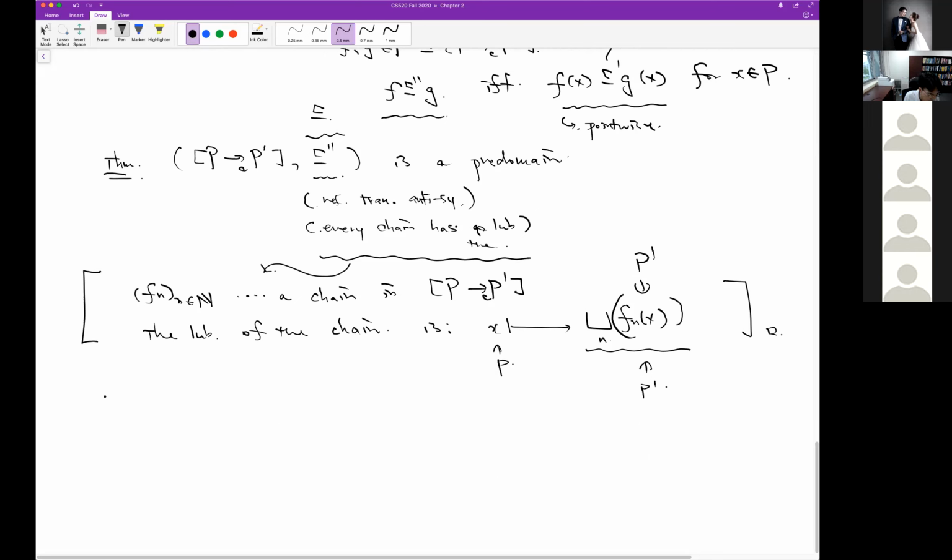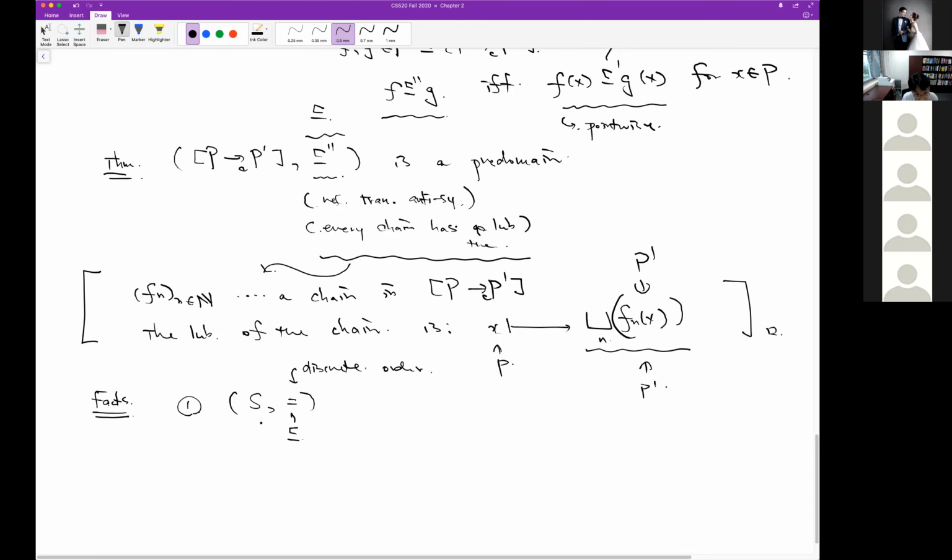And now there are a few other simple facts. So here's the first fact. The first fact is that when we set some set S together with discrete order, this means x is less than or equal to x prime precisely when they are the same.